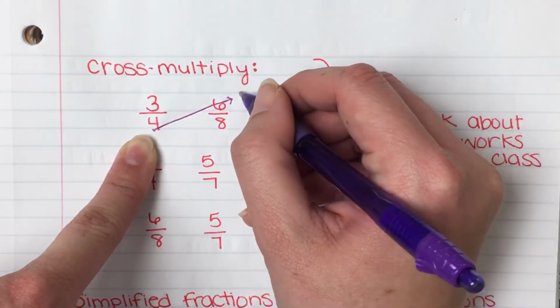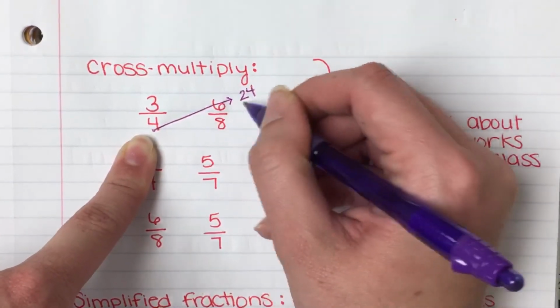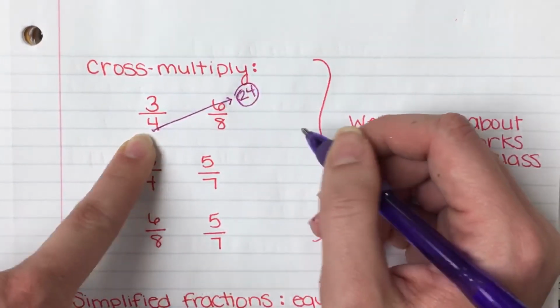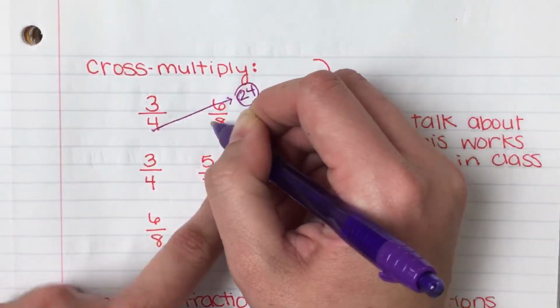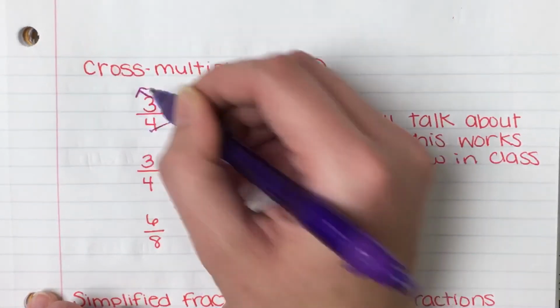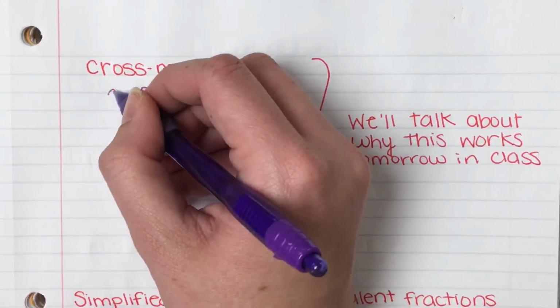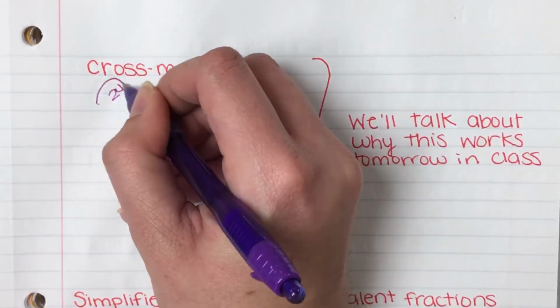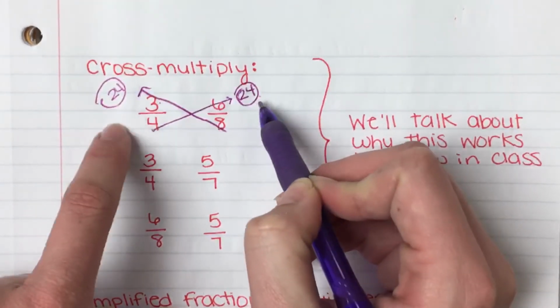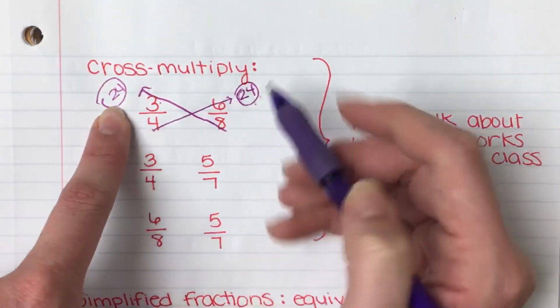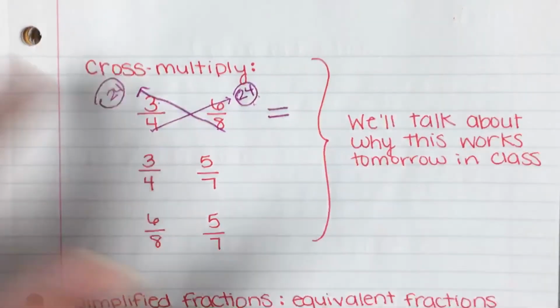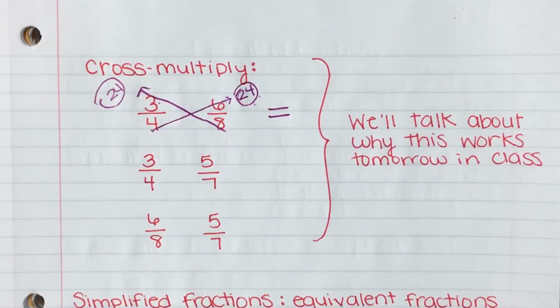Well, 4 times 6 is 24. And I circle it. You do the same. Bottom to top, 8 times 3 is 24. Because both of my multiplied numbers are 24, these are equivalent. They are equivalent.